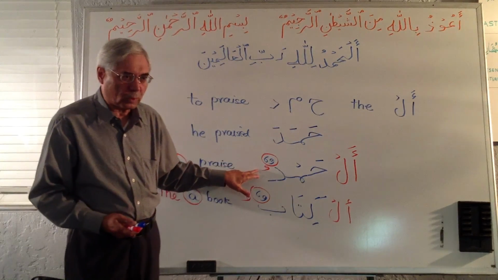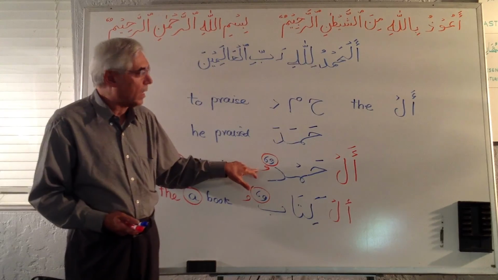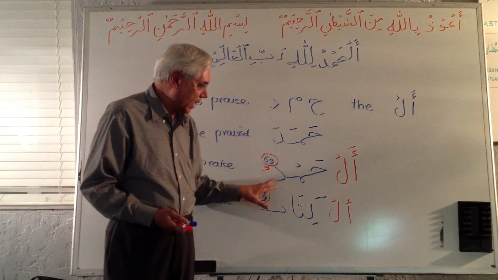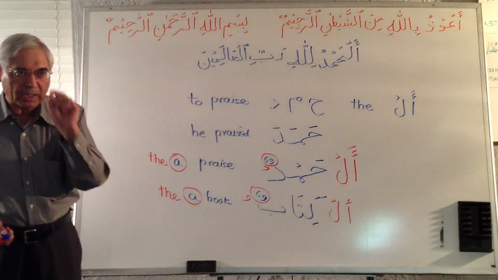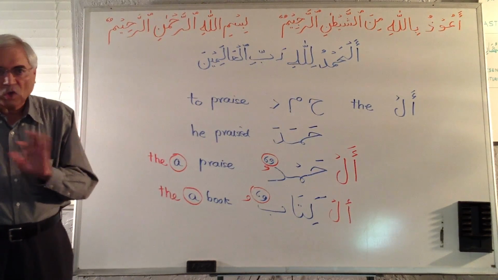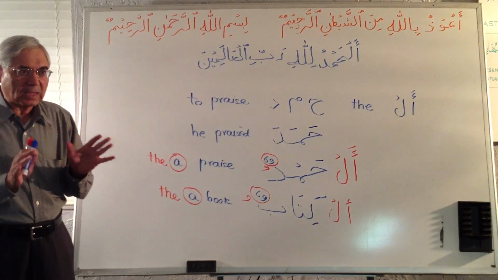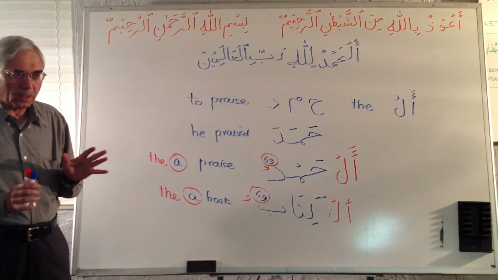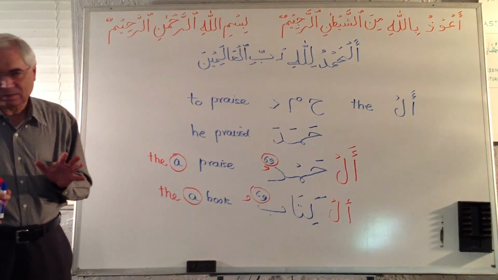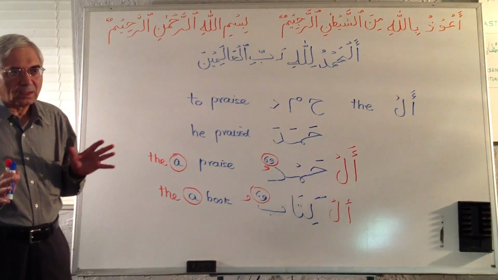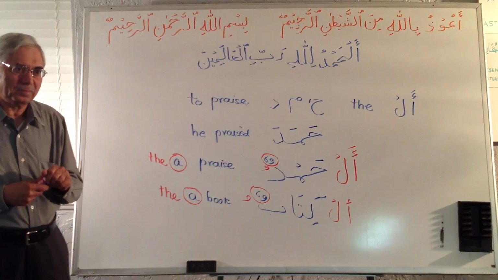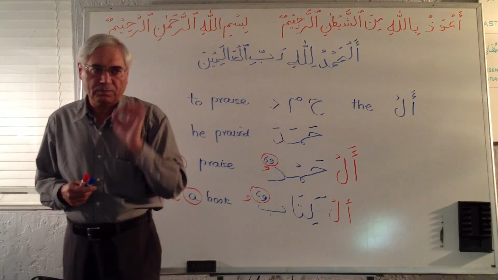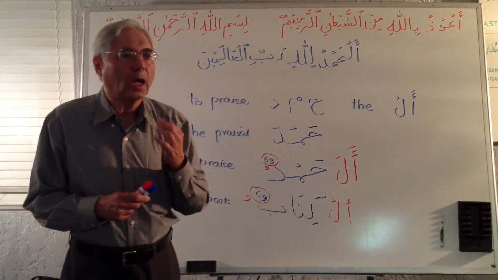This is the first word of Surah Al-Fatiha. Alhamdu. Alhamdu means the praise. Not a praise, but the. The means the specific, the definite, the 100%, the special, all the praise. So now we know the meaning of the first word of Al-Quran, Alhamdu.